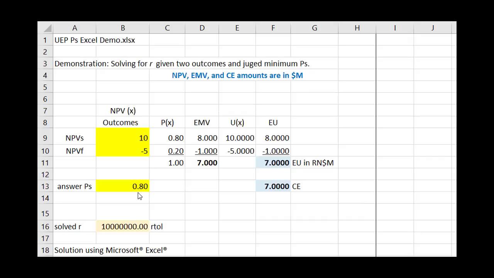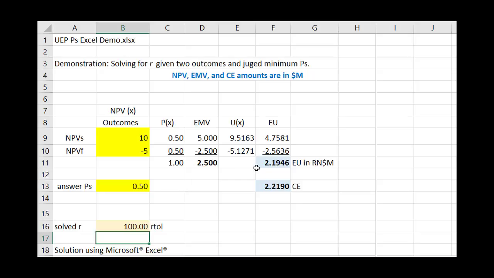Our answer in the previous problem had PS equal to 50%, so I'll go ahead and change that now. And let's put R down to a much smaller number, say 100 million, and see what that does. The new EMV with 50% chance of success is $2.5 million. And the EU number now is not the same.